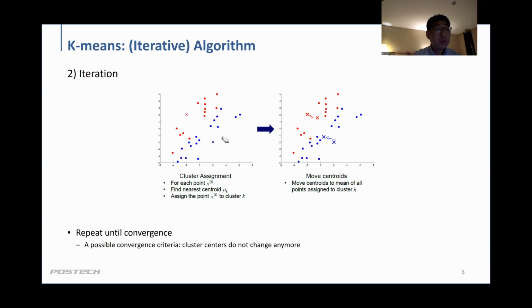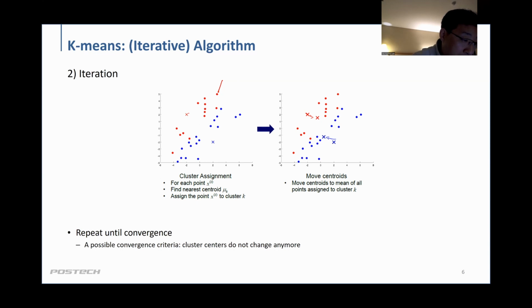We can compute the distance from any data point to the randomly initialized centers, compute the similarity, and then assign whether it belongs to red or blue.